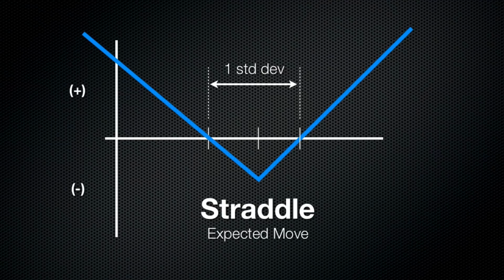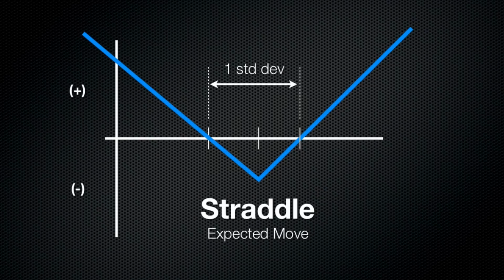All right, so now we have one of the possible strategies that we can create called the straddle. And really the only reason why I'm showing you this is that there's a concept when we start talking about probabilities. What's the probability of the stock going up or down or wherever it's going to go?